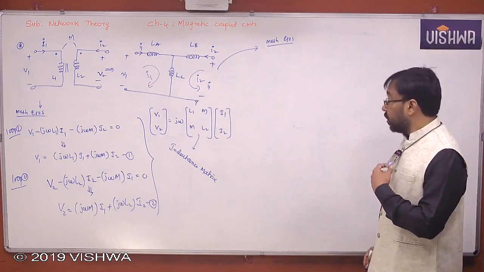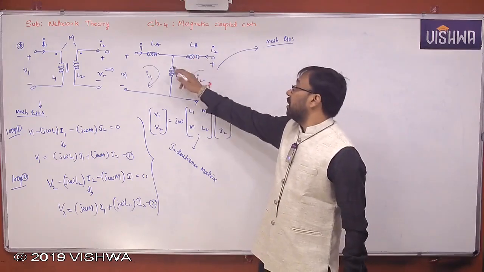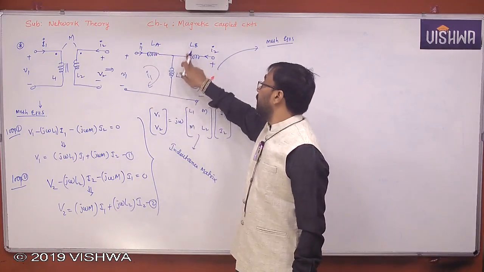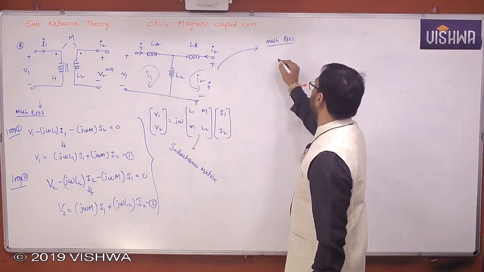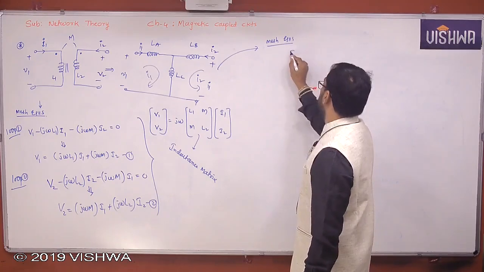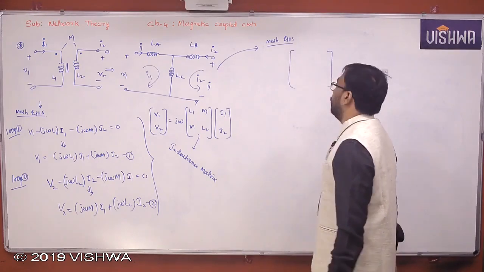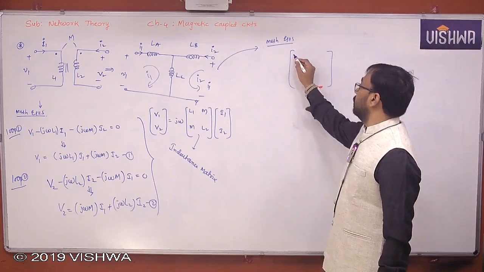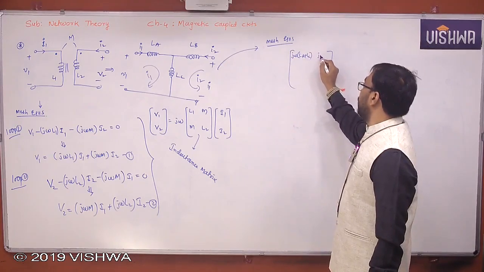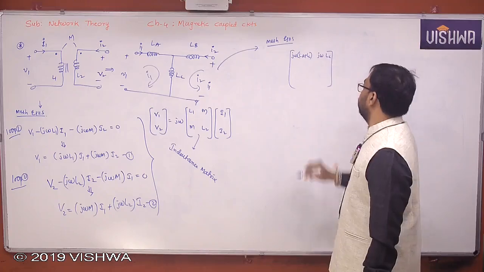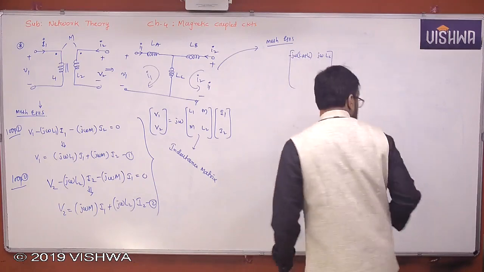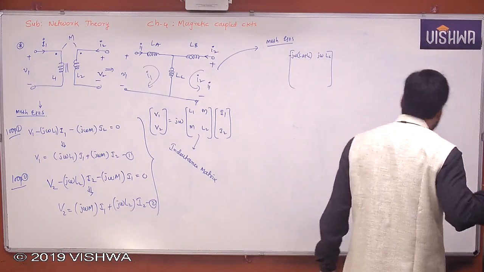But when you write the mesh equations, you must convert all these values into complex: J omega LA, J omega LB, J omega LC. Okay. So V1, let me write clearly.